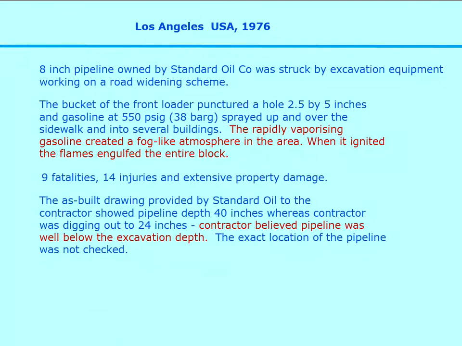What happened here is the rapidly vaporizing gasoline created a fog-like atmosphere. So it was a hole in the pipeline, not a rupture. But because the pipeline was under high pressure, the gasoline was emitted as a spray, which created a fog, which then created a huge fire.